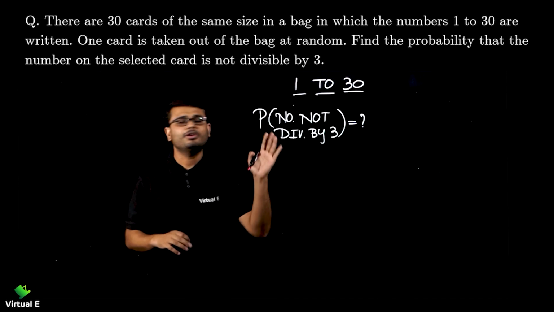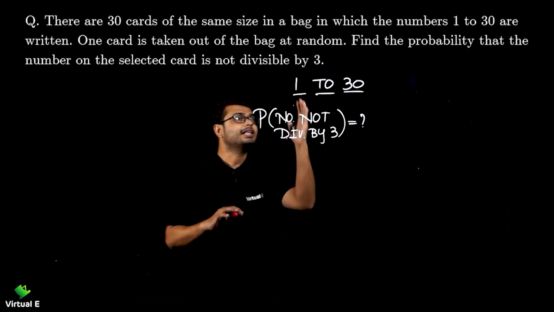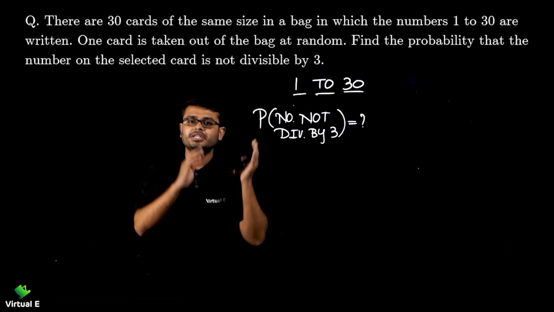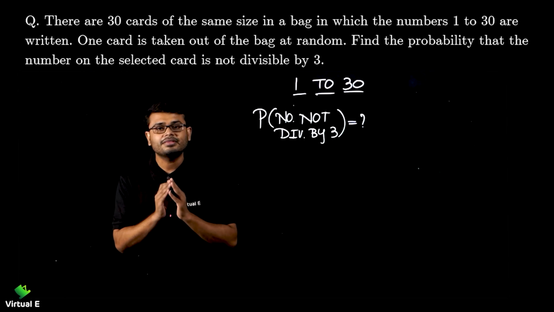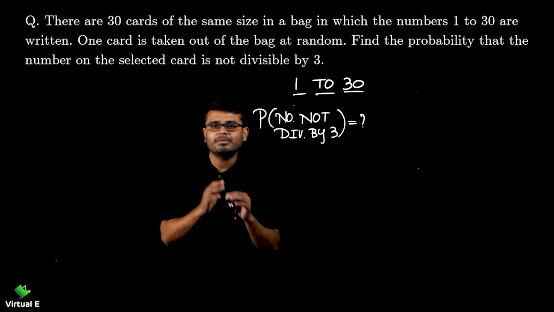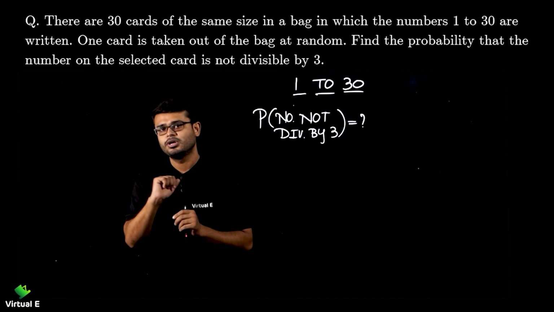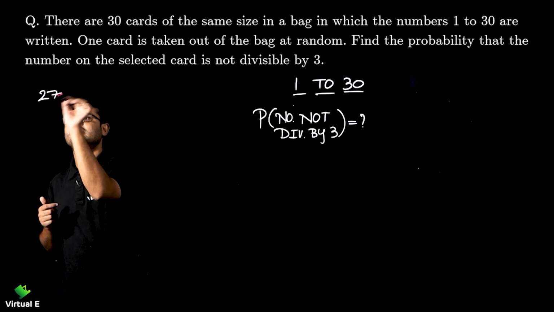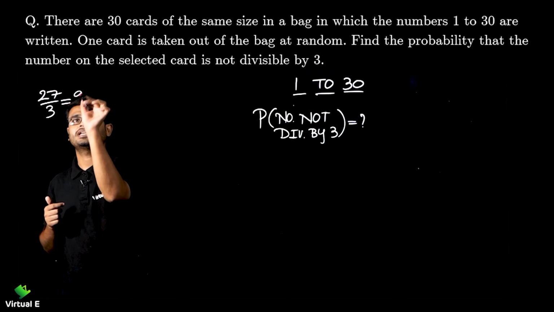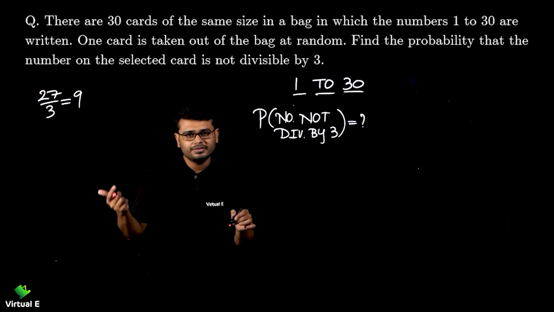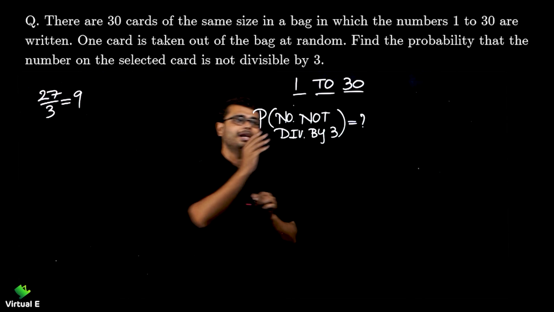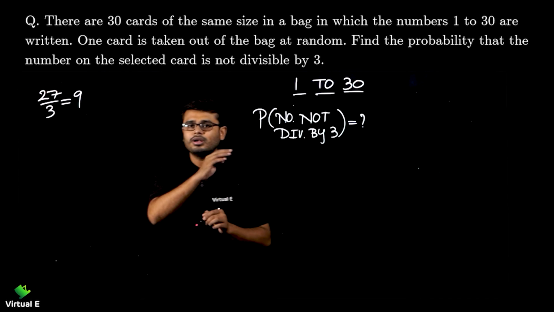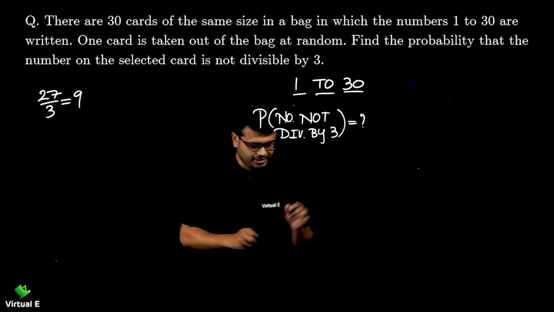First of all, can we do one thing, very simple, get all the numbers which are divisible by 3? Divisible by 3 means that if you divide that number by 3, you will get remainder 0. Just a basic idea: let's say 27 by 3 is 9, so 27 is divisible by 3. Simple logic. So let's list all the numbers divisible by 3, then we'll subtract.